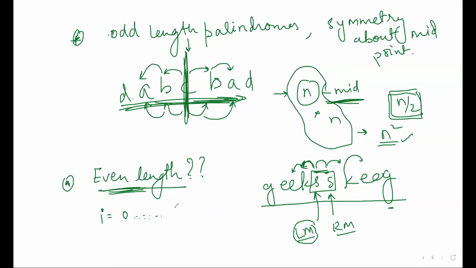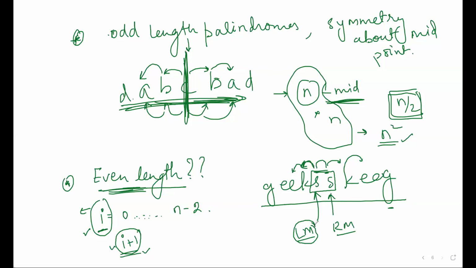So your loop will go from 0 to n minus 2. Here your index I is nothing but the left midpoint. It should be equal to the right midpoint, and the right midpoint is at index I plus 1. So first you will compare whether the character at index I is equal to the character at index I plus 1 or not, because I is the left midpoint, then I plus 1 will be the right midpoint.